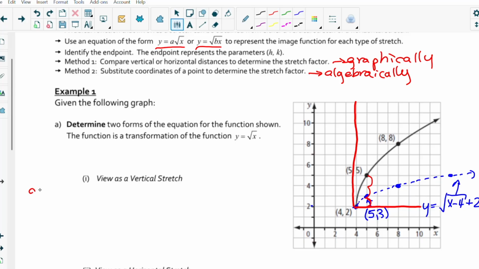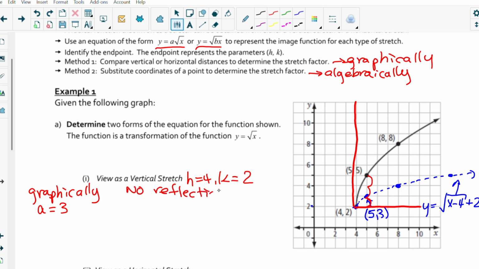So graphically, a must equal 3. We know h equals 4 and k equals 2. Also, the shape of the graph tells me there are no reflections applied.